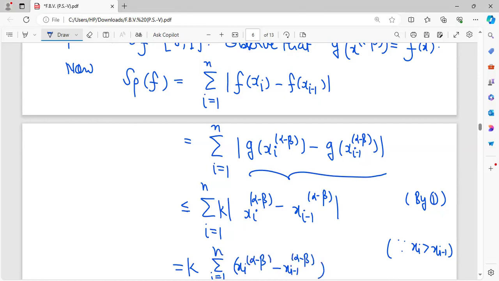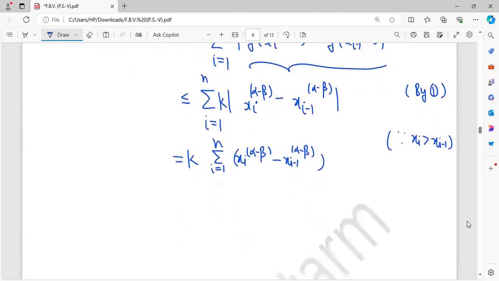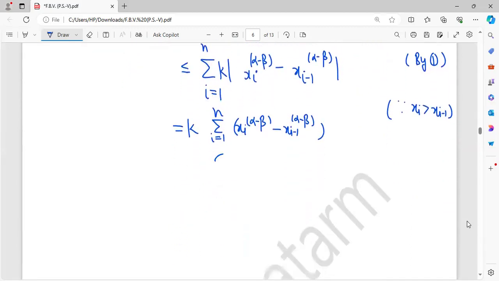After solving it, what you will get is k times (xn to the power alpha minus beta minus x0 to the power alpha minus beta).